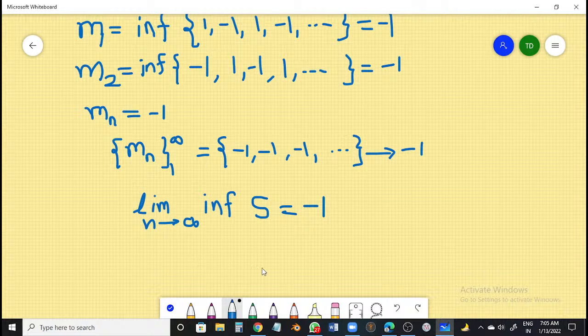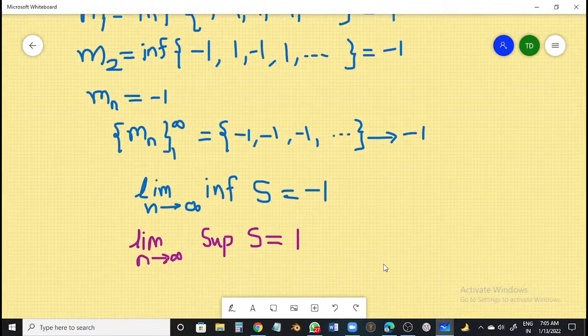For the same sequence, we have already seen the limit superior. It happens to be plus 1. Why? Because we were taking supremums. In this case, we are taking infimums.